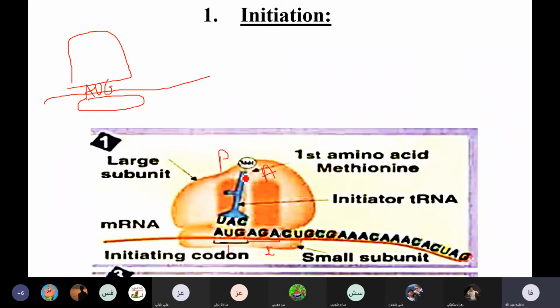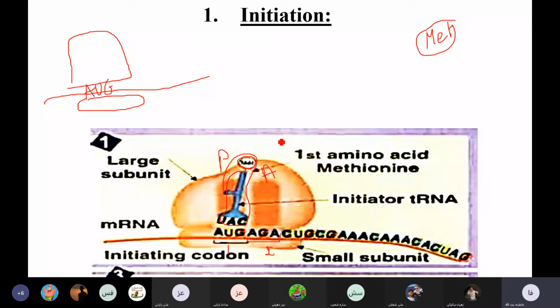Now the transfer RNA that is specific for AUG يلي هو بوجهه UAC. So the transfer RNA that is specific for AUG بوجهه UAC will bind، رح يتلقط بالAUG، حيكون مطرحه بالP site. It will carry the first amino acid يلي هو methionine MET.